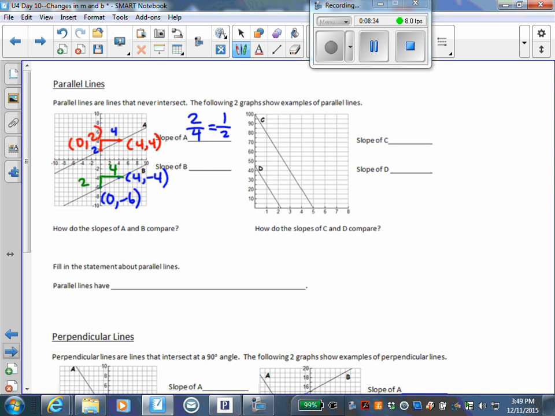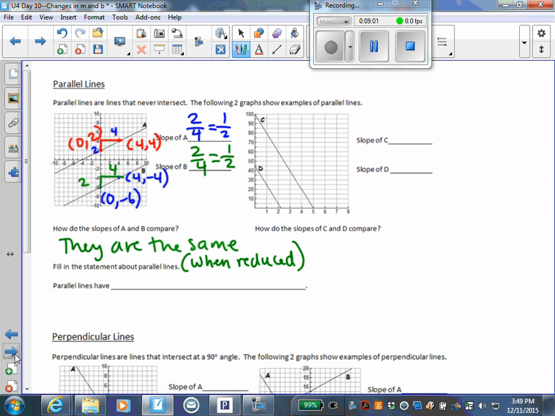So it's also 2 over 4, which reduces to 1/2. So how do the slopes of A and B compare? We could say they are the same. If I had chosen other points, they might not have looked the same, but if you reduce, then they are the same. So we can maybe add they are the same in parentheses when reduced.